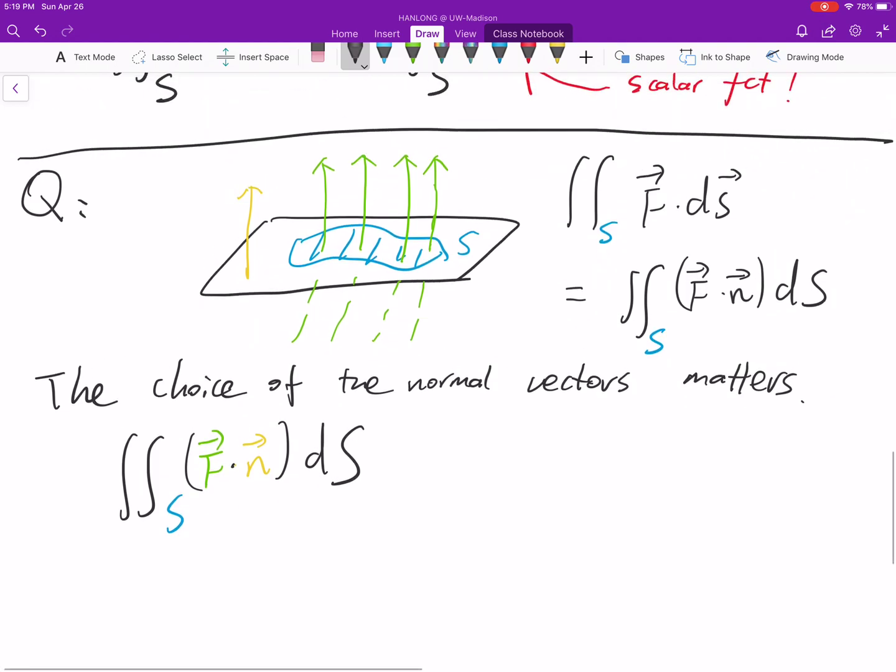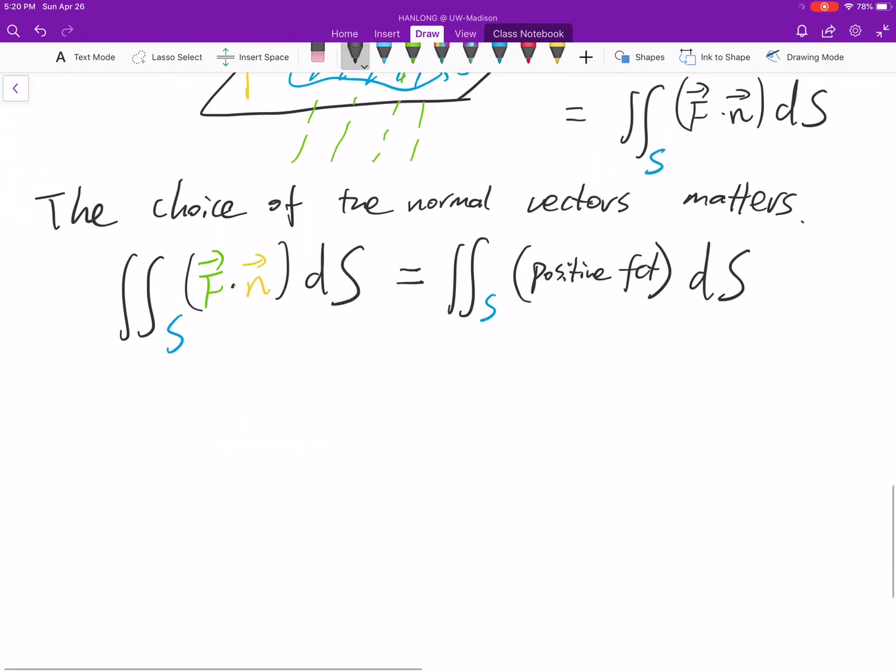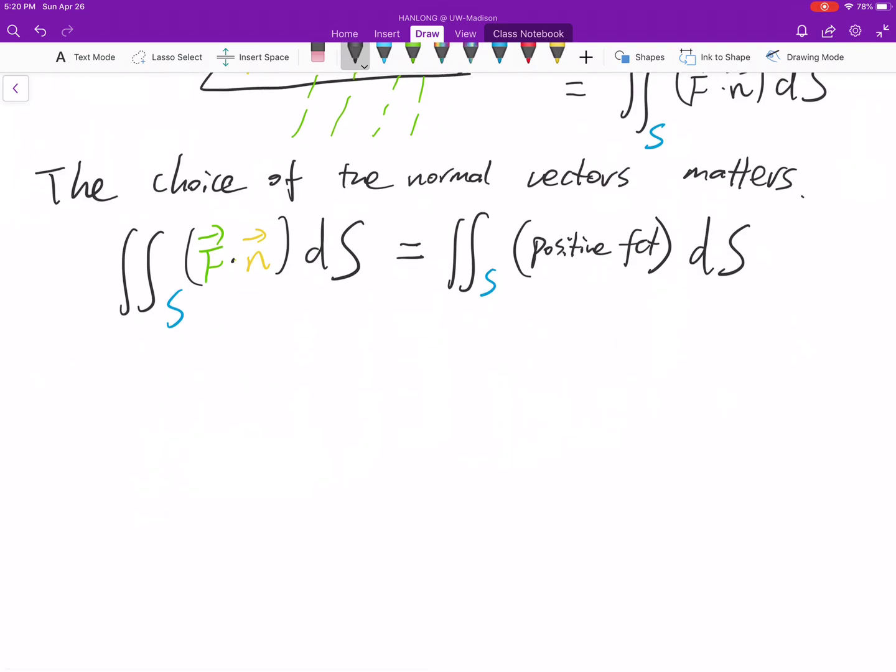Because the yellow one and the green one are in the same direction. So this will be the integral of some positive function dS in our case.